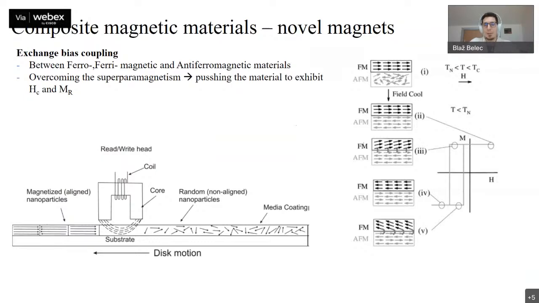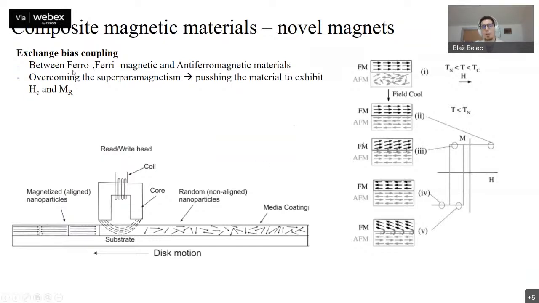So when they are not exposed to the magnetic field, they again orientate randomly. And if you imagine we have such particles inside, we write, so orientate the particles, and when the coil is removed, so our read-write head magnet is removed, the particles start to orientate randomly, and we lose our information. So what's happening with the exchange bias?